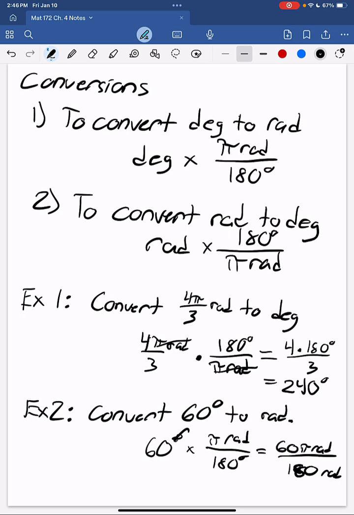I don't know what this equals in my head, so this would be a time that you would just plug this into the calculator and you get 1.047 radians.